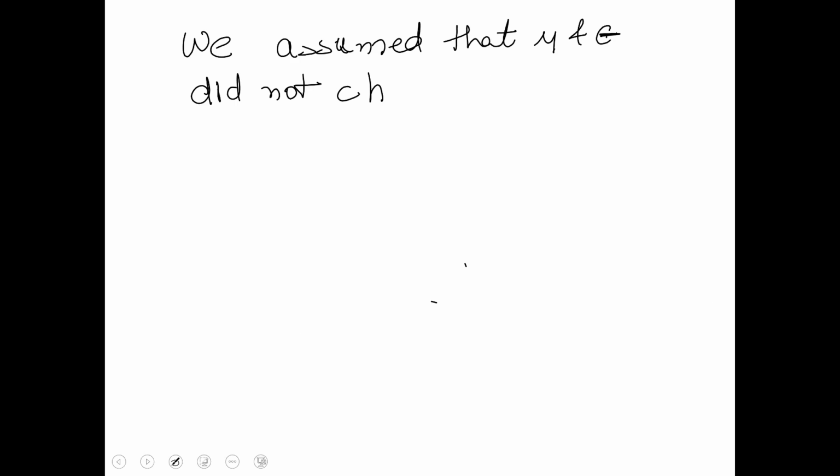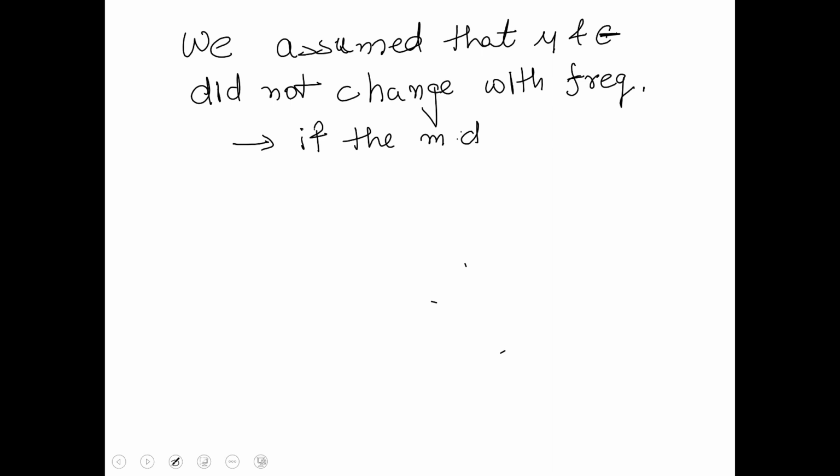So in deriving this relationship, we had assumed that mu and epsilon did not change with frequency, which is true if the medium is air. And for many waveguides, that is perfectly true. The waveguides are very hollow, so if the medium is air, this is true.